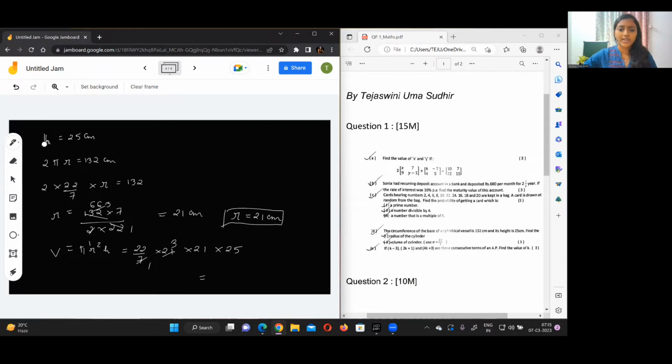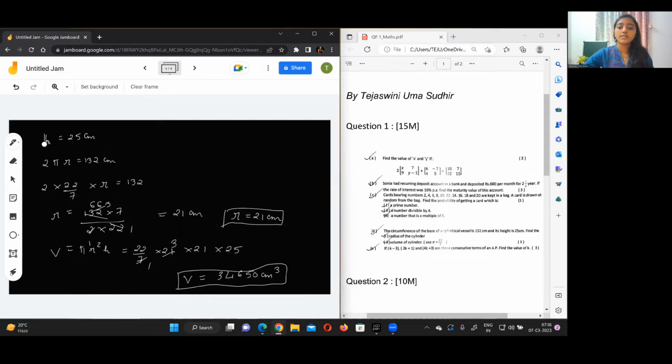Do you want me to calculate this? You can practice calculations when you are solving, but right now I'll just go to the answer. That is 34,650 centimeter cube. You will get the same answer when you are calculating, and you can box this answer, right?